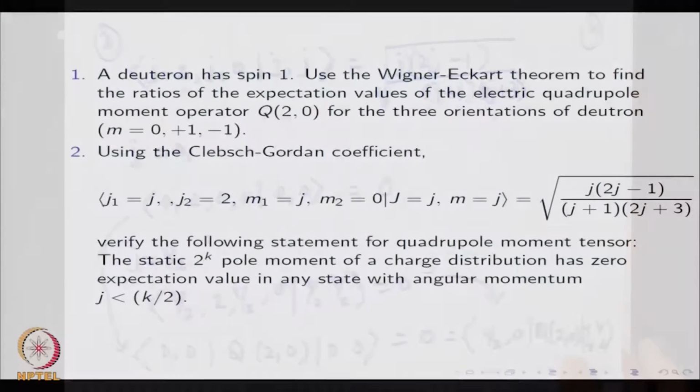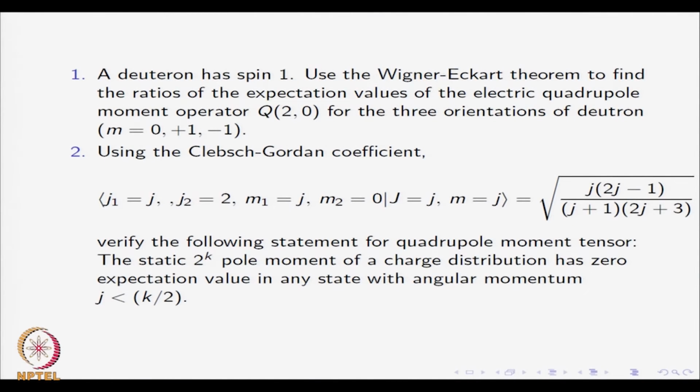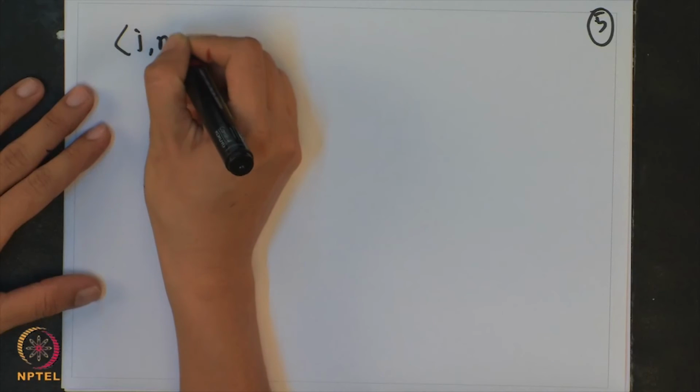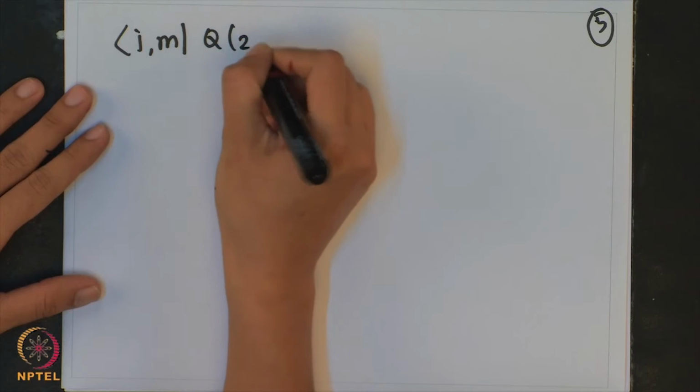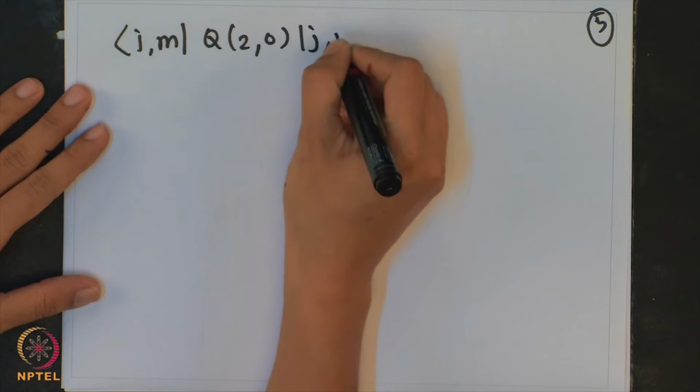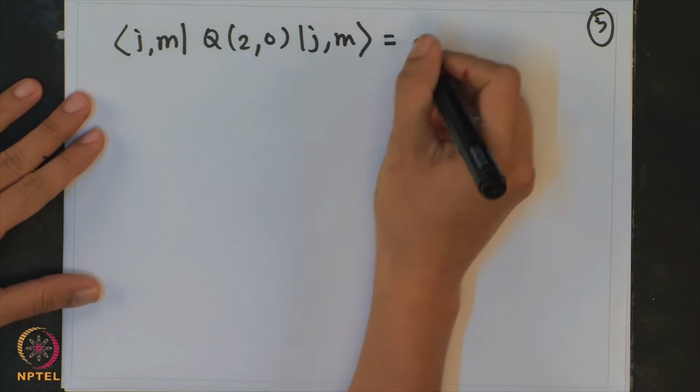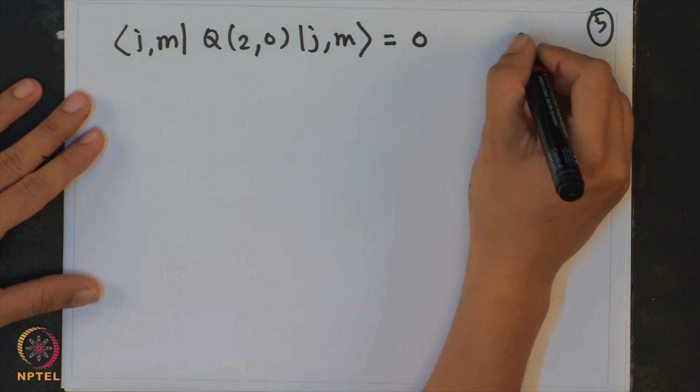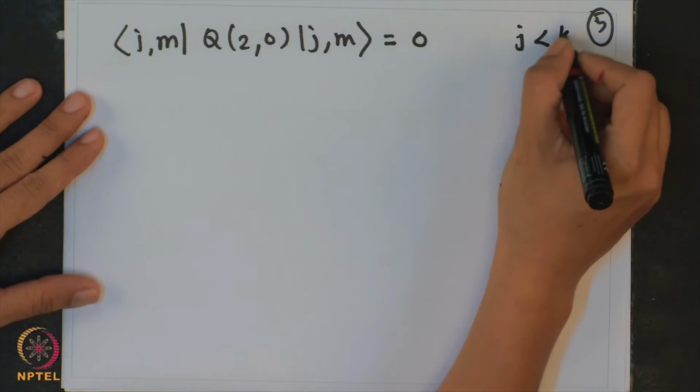So, in general I can write this as ⟨j, m| q 2 comma 0 |j, m⟩ is 0 when j is less than k by 2.